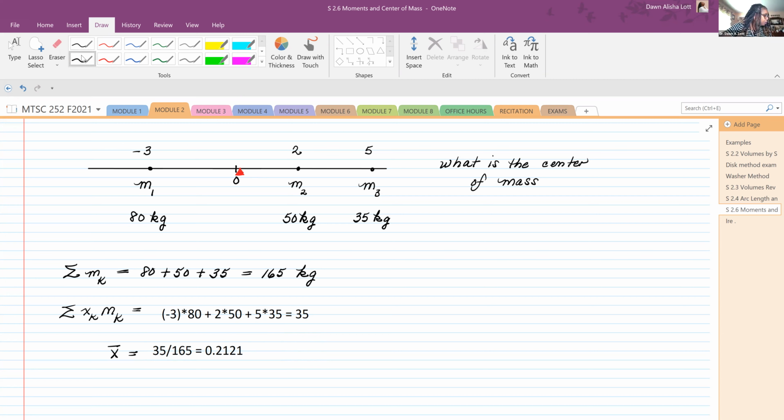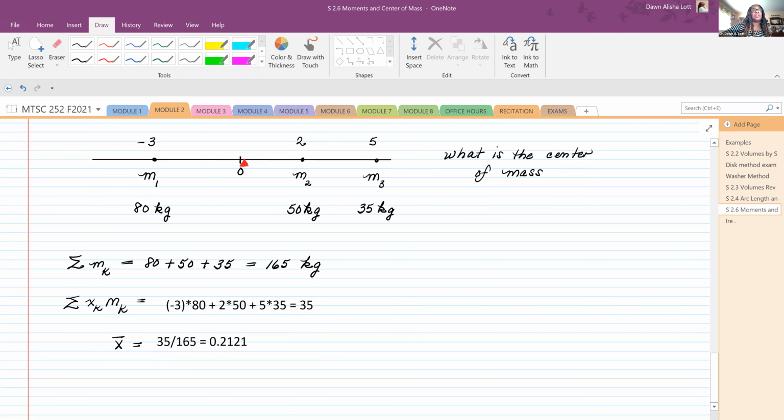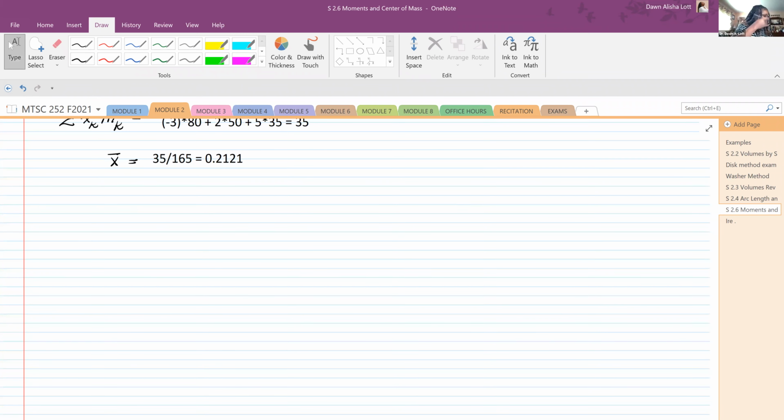Let's look at wires and thin rods. So the next thing we want to do is find the mass and centroid. So we want to look at the mass of thin wires.